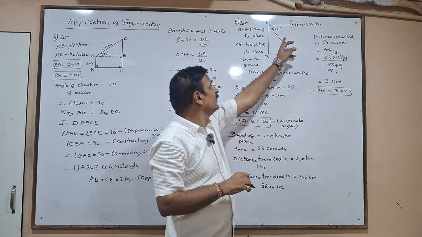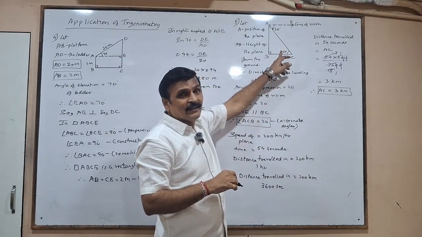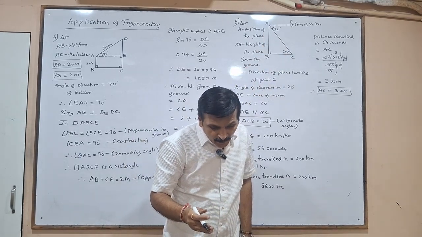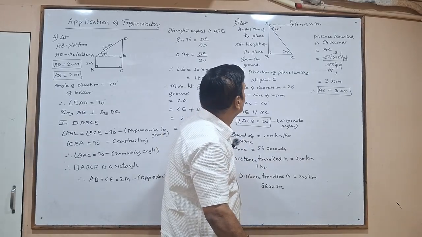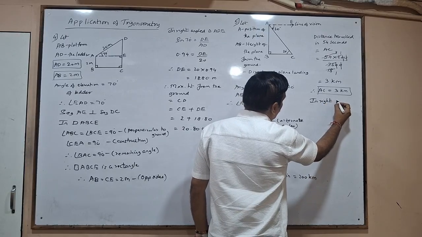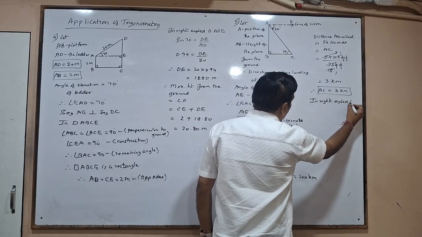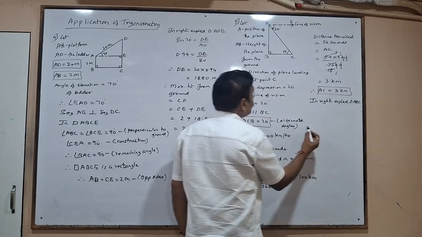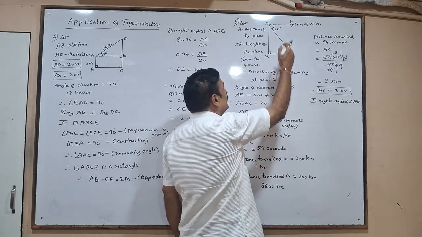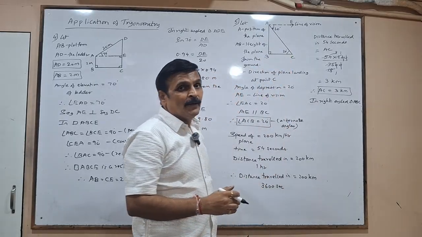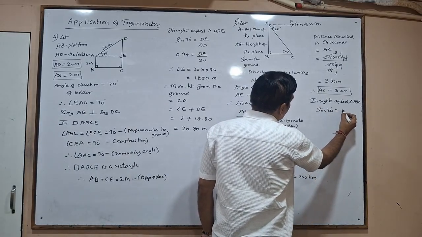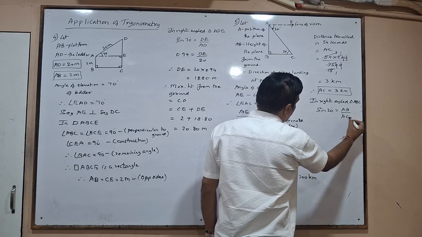Now once I know AC, 20 degree angle we know, I can calculate the height at which the plane is at the start. So in right angle triangle ABC, obviously I want the opposite or the perpendicular side. I am aware about the hypotenuse, so I'll go for sine. So sine 20 will be AB upon AC.